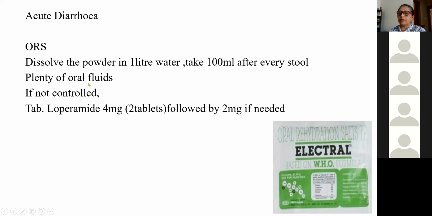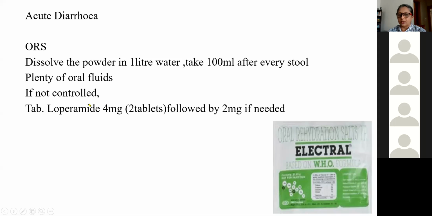In addition, we have to give plenty of oral fluids. And there is a drug called loperamide. This is anti-motility. It reduces the motility of the intestine, and it also reduces the secretion. We have to give a 4 milligram dose, that is 2 tablets of 2 milligram, at a stretch, followed by 2 milligram if there is further continued loose stool.